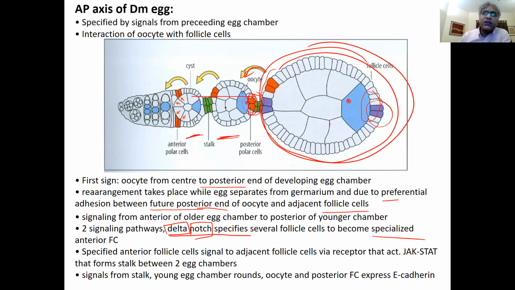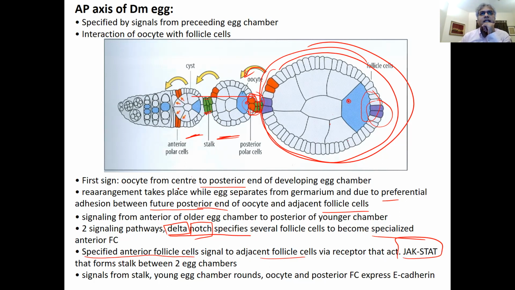Now, these specialized anterior follicle cells send a signal to adjacent follicle cells via the JAK-STAT pathway. The JAK-STAT pathway is involved in stalk formation, which is this place, the green one.